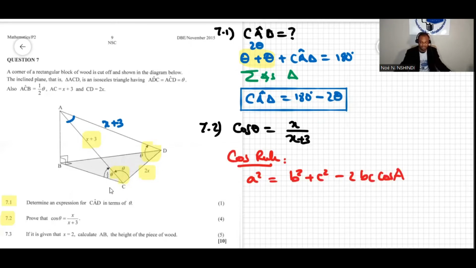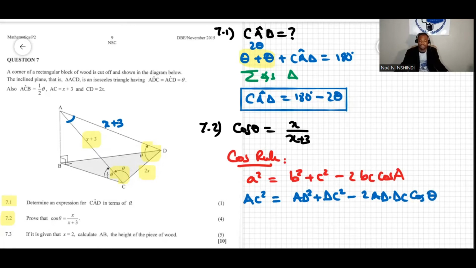So AC squared will be equal to AD squared plus DC squared minus 2 AD times DC times cos of theta.